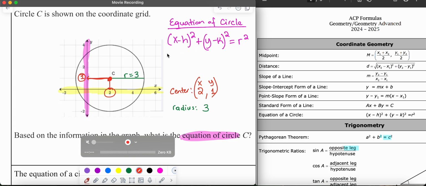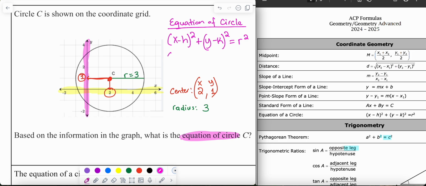All right. So if you look in the equation, we're going to have parentheses, x. Now the h and the k just represent the coordinates of the center. So this h represents a number, and this k represents a number, and those numbers we get from our center.